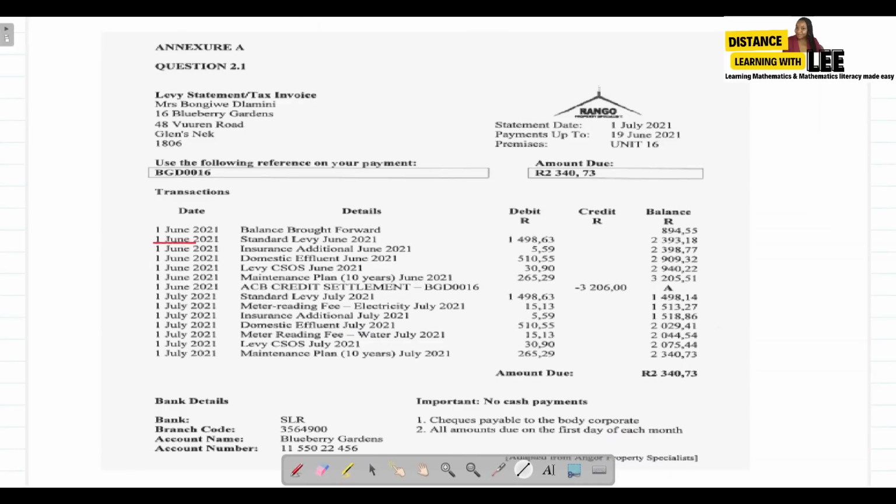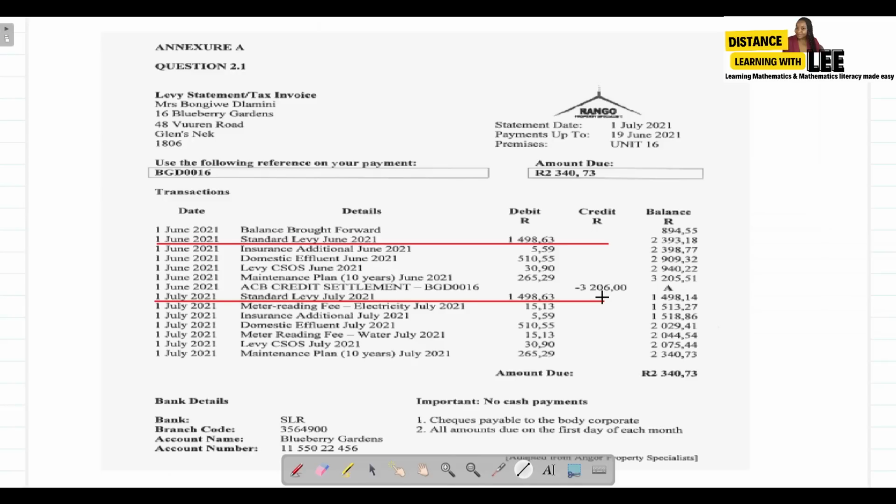On the 1st of June 2021, the standard levy was 1,498 Rand and 63 cents. Then you see, in July, the standard levy was still 1,498.63.